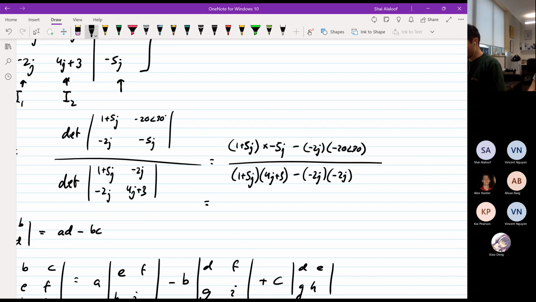I'm going to quickly put that into my calculator and hope I can do it fast enough and that I didn't make a mistake somewhere.